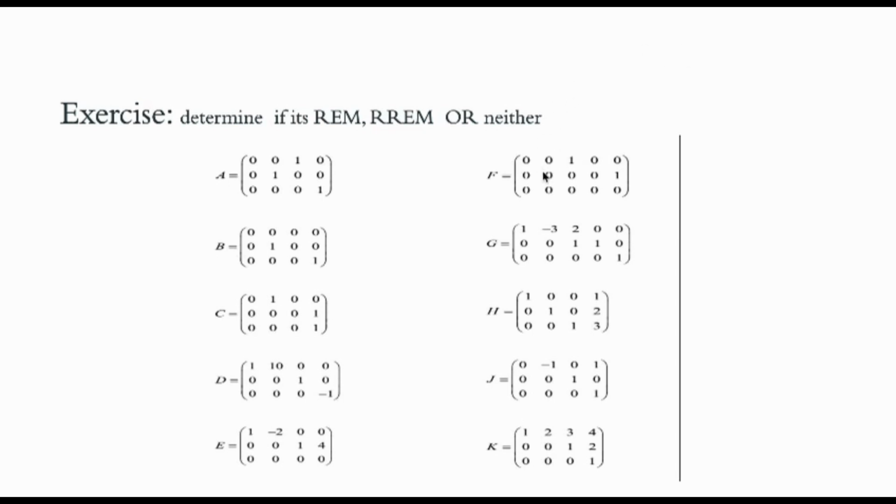And for the third property, the 1s should be in a staircase pattern. We're having a 1 here. The next one is to the right and down from the first one, so it does satisfy. Also, the third is to the right and down from the previous 1, so it does satisfy the property. So the matrix is either a row echelon matrix or a reduced row echelon matrix.